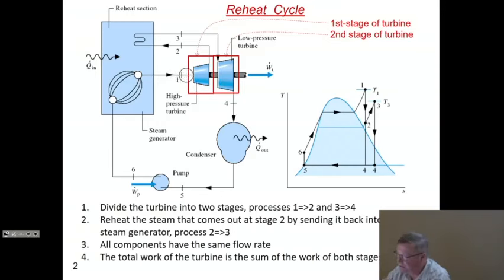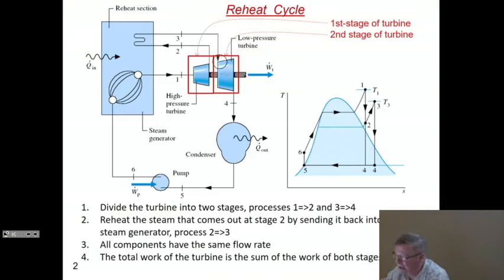So you send the steam through the high pressure stage, and then you take it back and you send it a second time into the steam generator, in something that's now called the reheat section of the steam generator here. Then you send that full flow of steam into the second stage of the turbine.